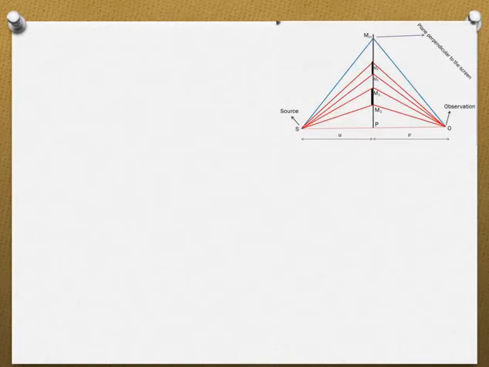Now I have kept this picture here. You can visualize this picture very easily, that this plane is nothing but the projection of a zone plate. So as I said, the path difference between SM1O and SPO is lambda by 2.